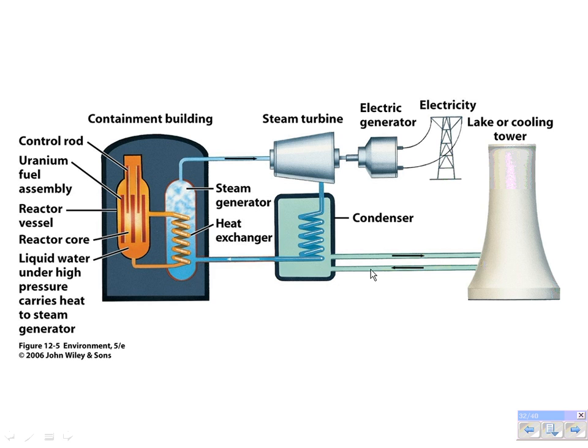This water is used to cool down the inside of the nuclear power plant. The heat from the secondary loop is going to transfer into the condenser, and then the heat will leave the nuclear power plant by the tertiary circuit. The tertiary circuit does not contain radioactive water.